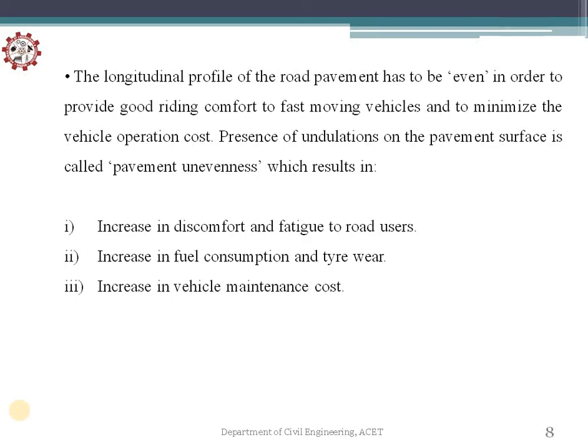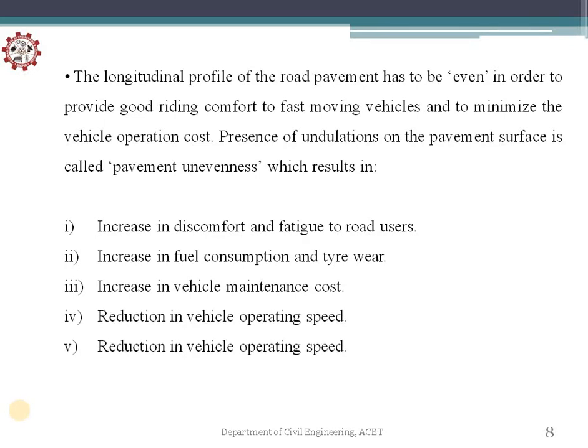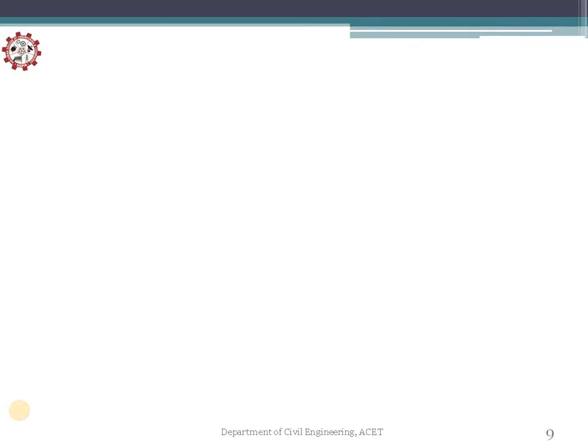And last are the increase in vehicle maintenance cost, reduction in vehicle operating speed, and increase in accident rate. So all these four to five points we need to consider when pavement unevenness has to be considered.